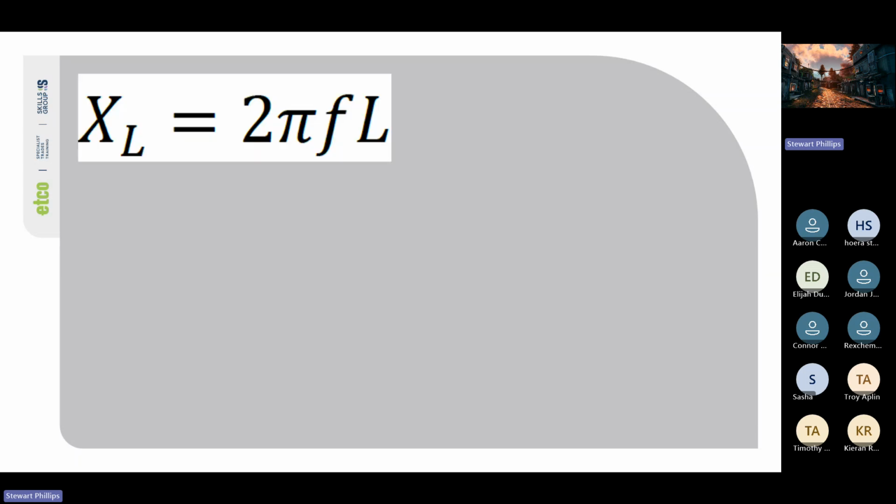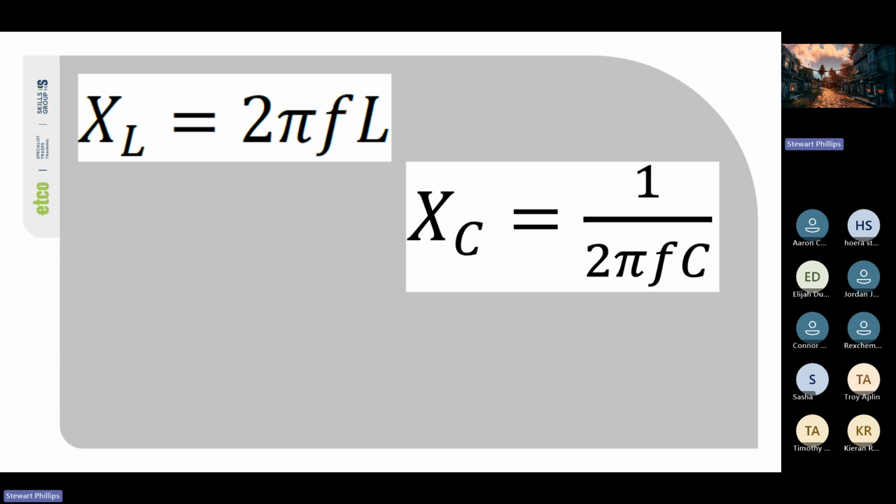Cool. So as we raise the supply frequency, the inductor's reactance, XL equals 2 pi FL, increases, while the capacitor's reactance, XC equals 1 over 2 pi FC, decreases.